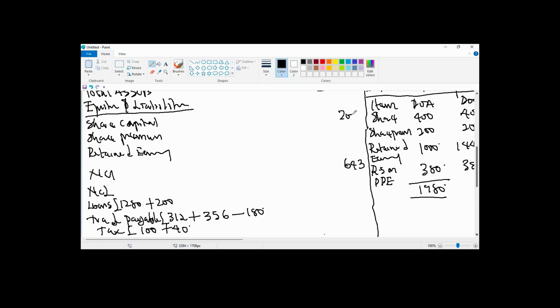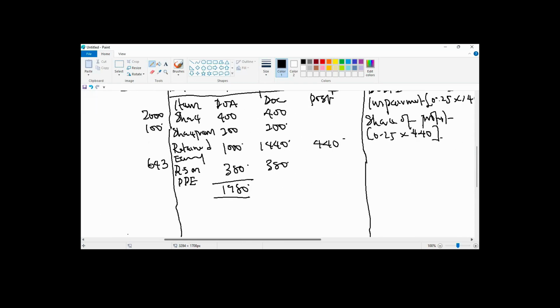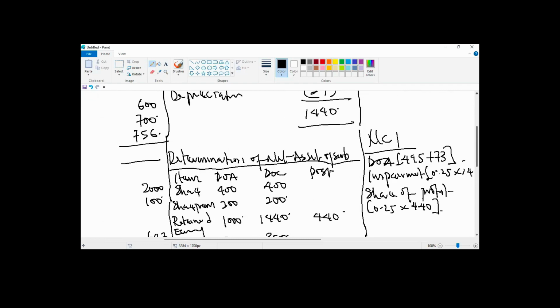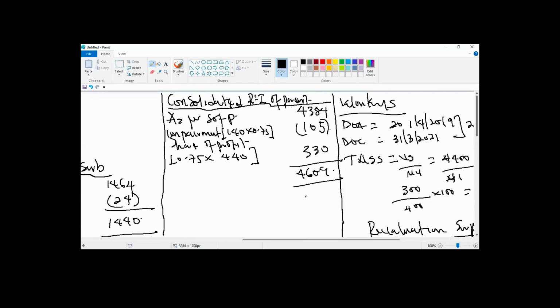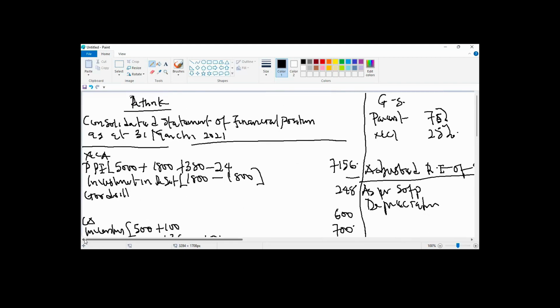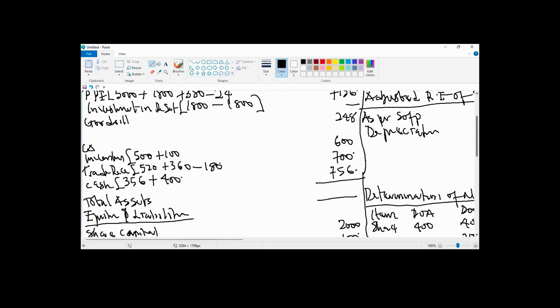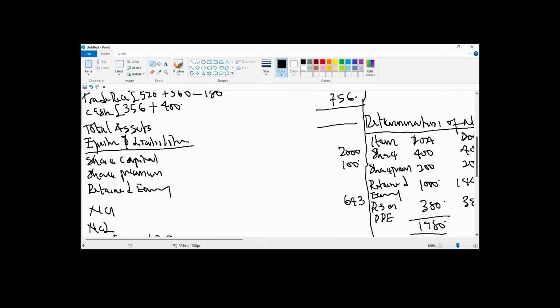Share premium, 100. Then the return we have gotten, 4609.